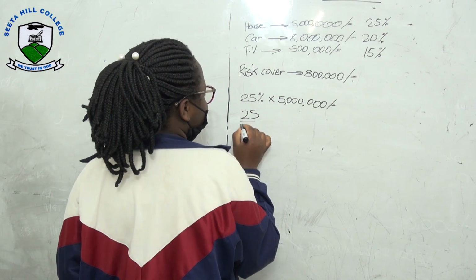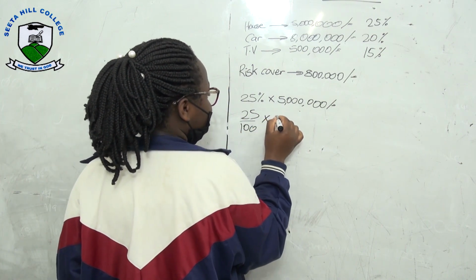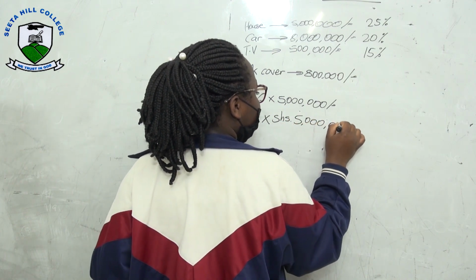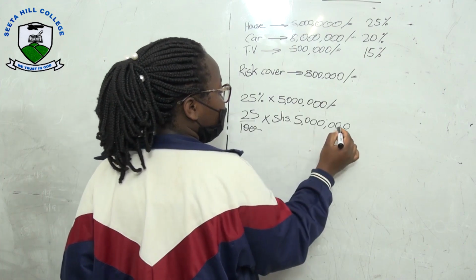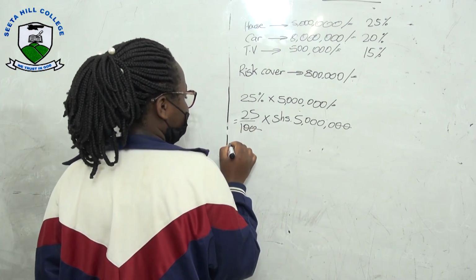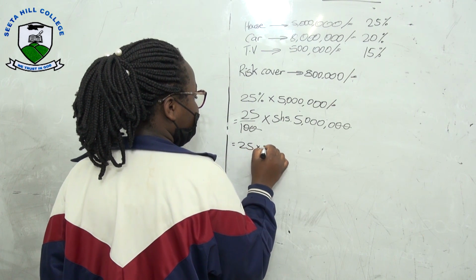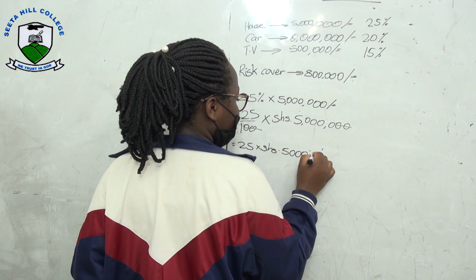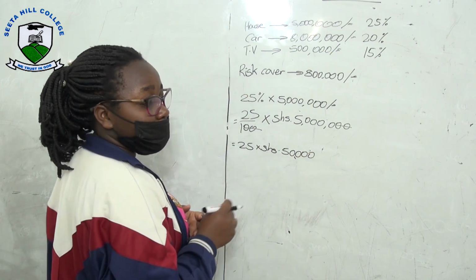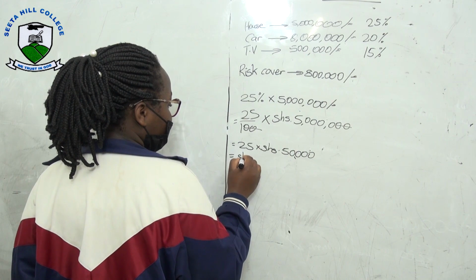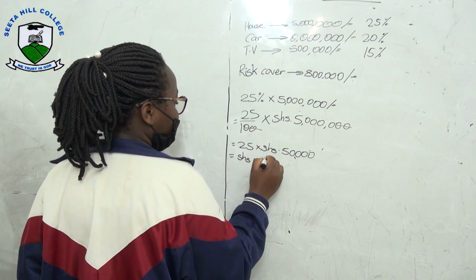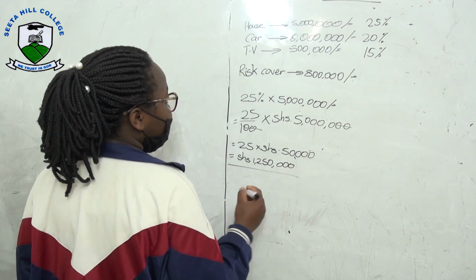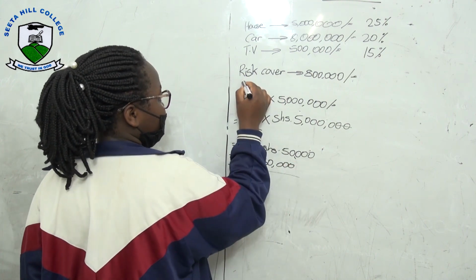So we shall have 25 out of 100 times 5 million. So for the car, we have, this is for the house.